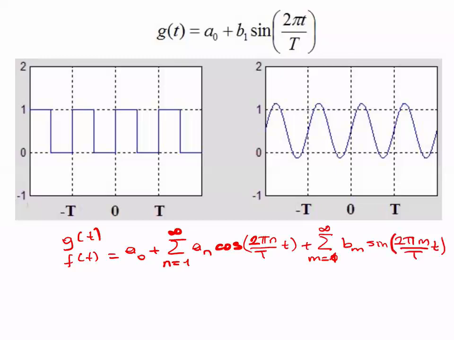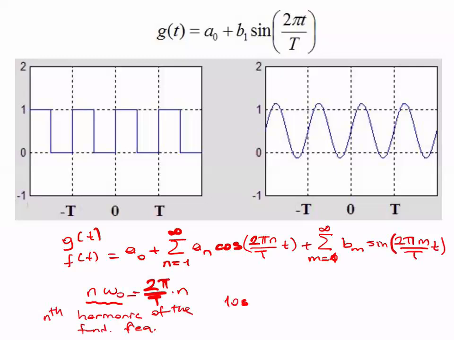As I discussed again, 2 pi over T is my fundamental frequency. If I multiply it by n, that means this is the nth harmonic of the fundamental frequency. If my fundamental period is 10 seconds, then omega 0 is 2 pi over 10.